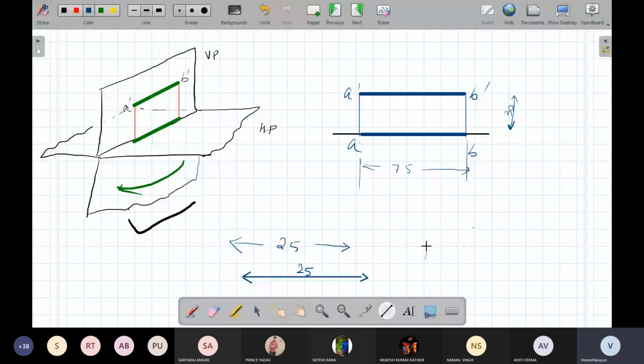this kind of filled arrows. Okay, it's also possible. You can use filled arrows like this. Filled arrow can be used.